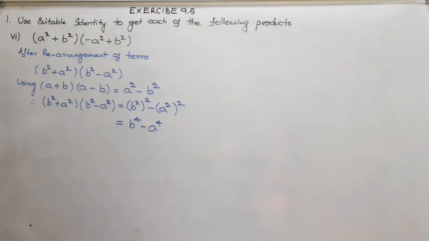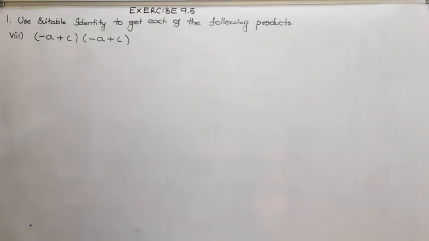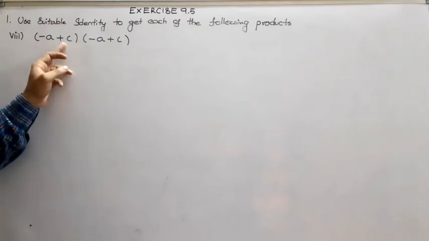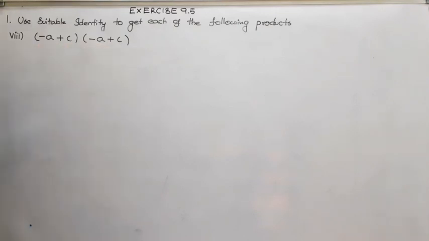Now I would like to do the 8th one. The 8th question, children: (minus a plus c) multiplied by (minus a plus c). This is one of the nice questions where we have the advantage of using two identities to solve the same question.